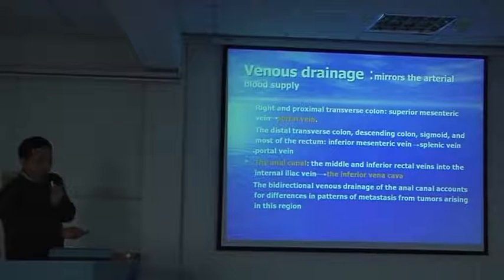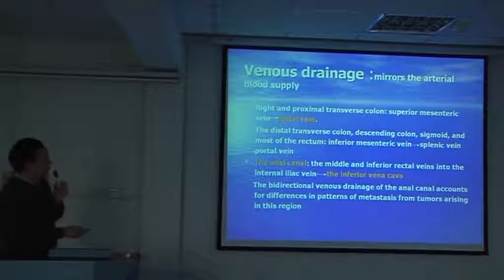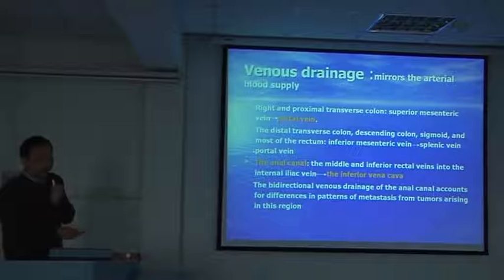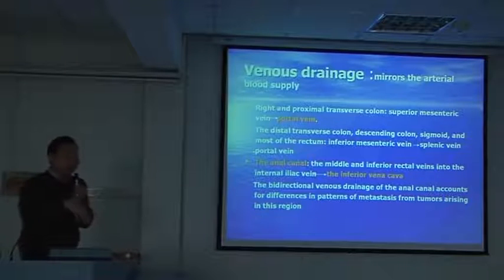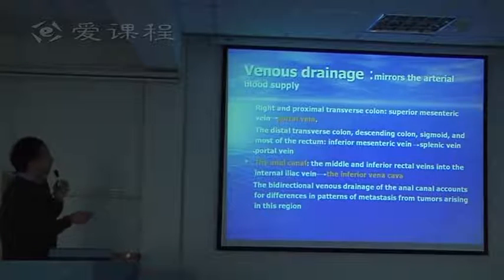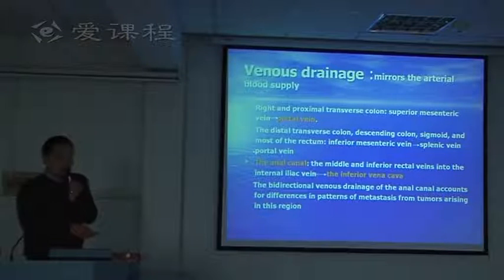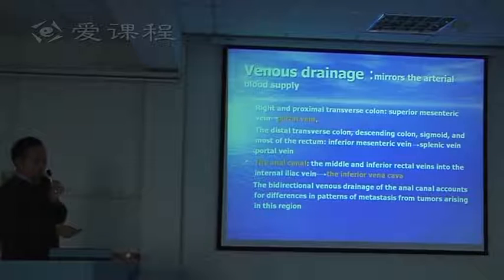The venous drainage mirrors the arterial blood supply. So the names of the veins are similar to the names of the arteries. Most of the venous drainage goes to the portal vein.